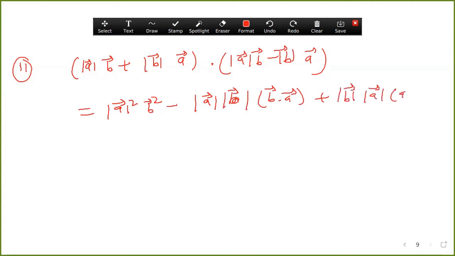You know, in dot product, position doesn't matter, a dot b is equal to b dot a. The last term is this one. Now you know these are cancelled.